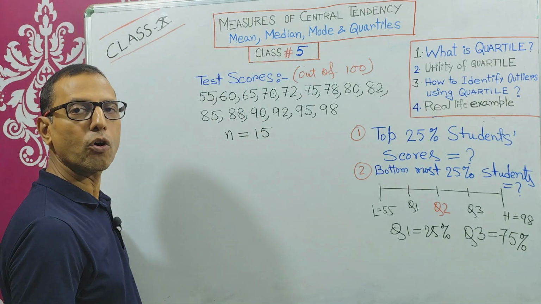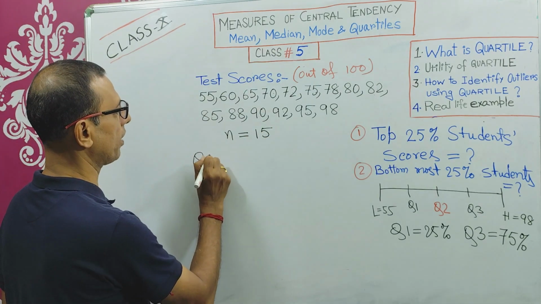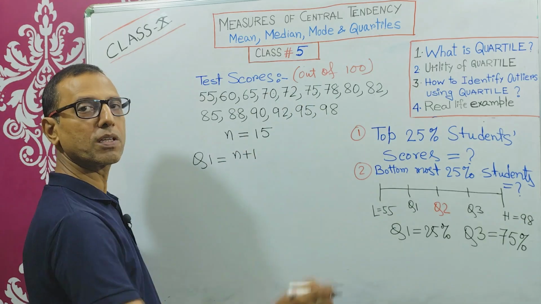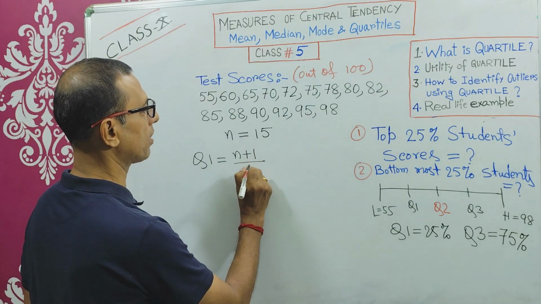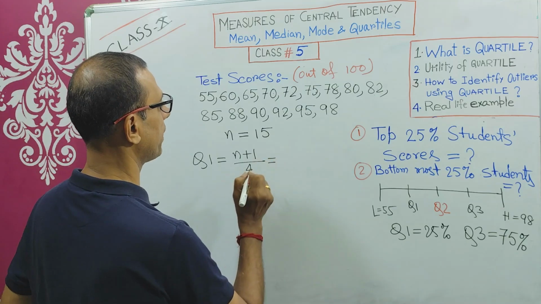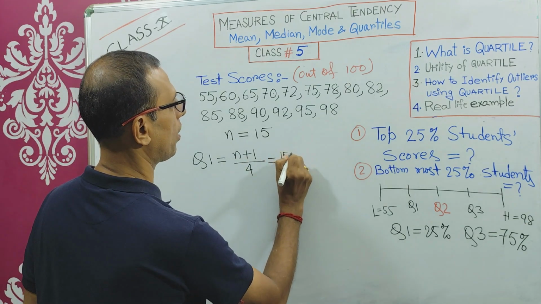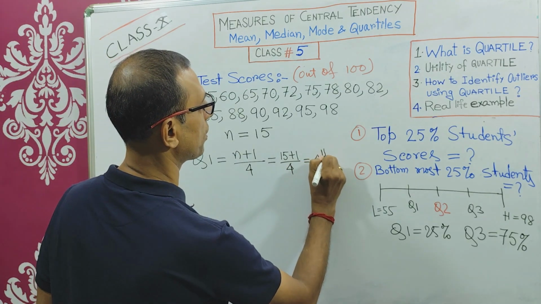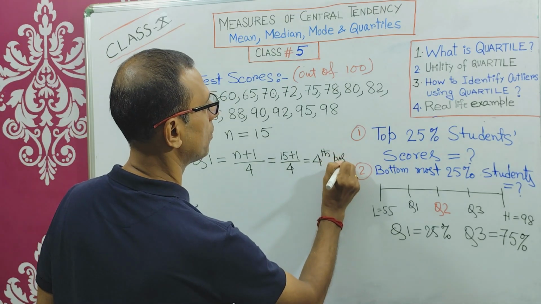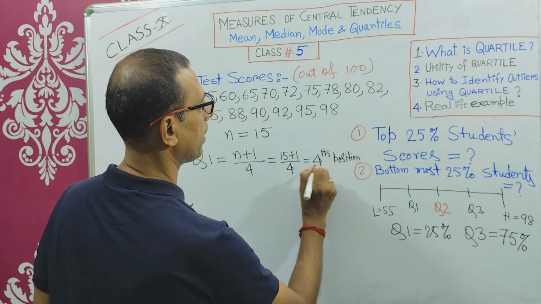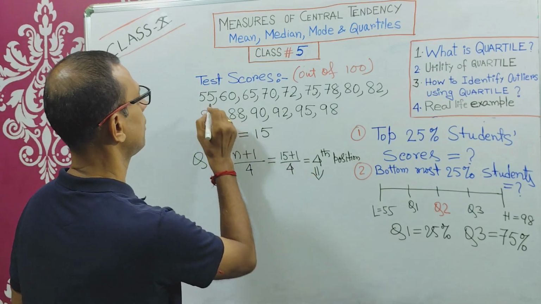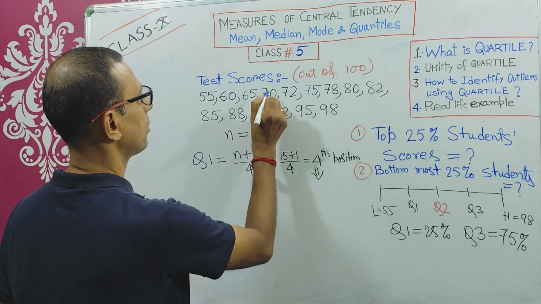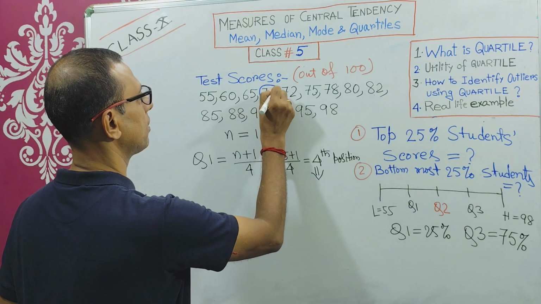Since n is odd, the position of Q1 will be n plus 1 by 4, which is 15 plus 1 by 4, equals 16 by 4. That is the fourth position. Counting 1, 2, 3, 4, this 70 is Q1.